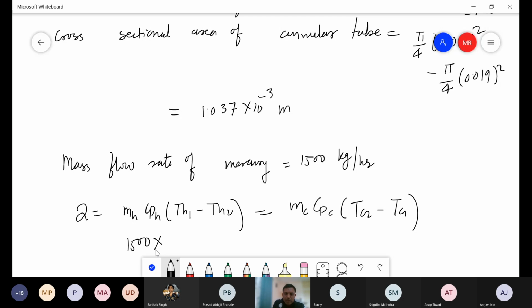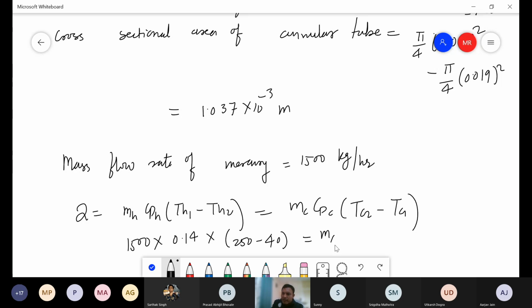1500. What is the specific heat of the mercury? Specific heat of the mercury is given as 0.14 kilojoule per kg per degree Celsius, times TH1 is 250, isn't it? 250 minus 40, and this should equal MC CPC.